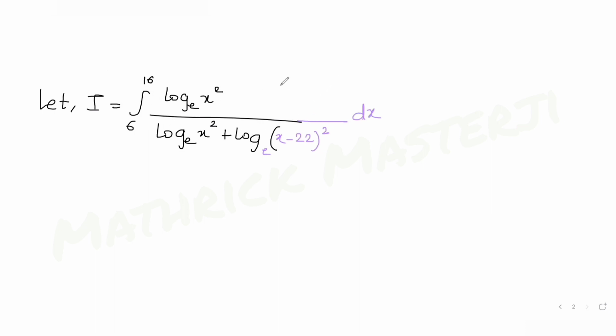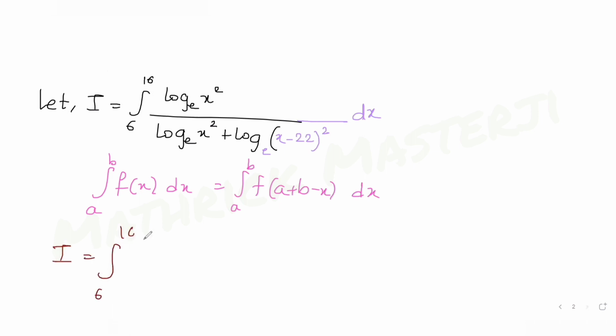Now, I use a formula from definite integrals: the integral from a to b of f of x dx can also be written with the same limits a to b, with f of a plus b minus x instead of f of x. So I can write my integral I from 6 to 16 with log to the base e, and instead of x, I write a plus b minus x.